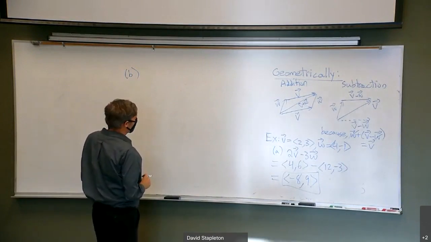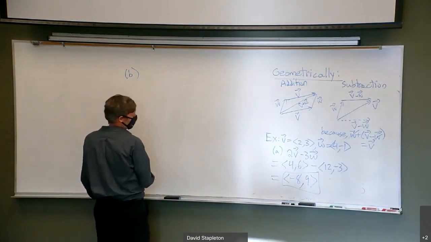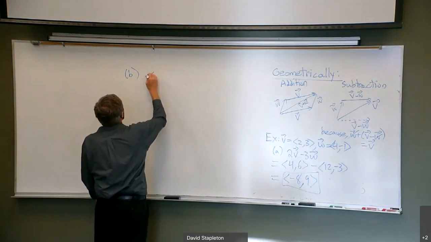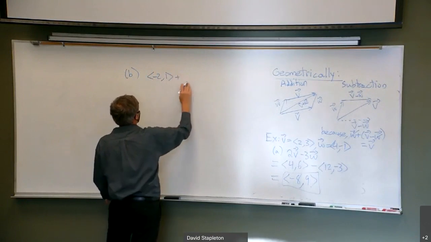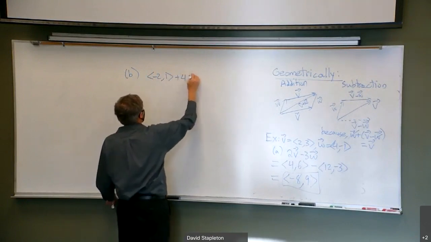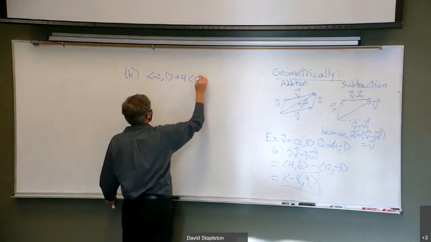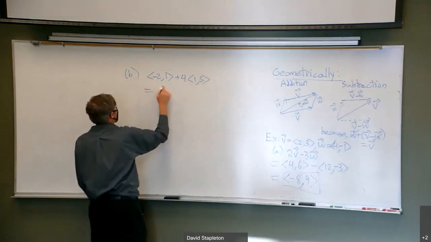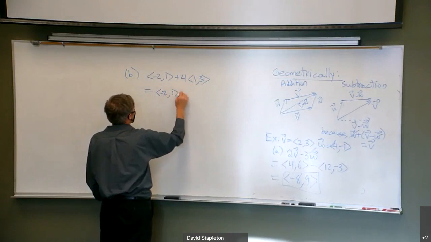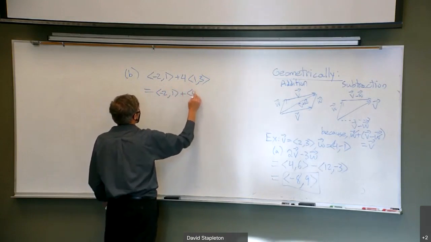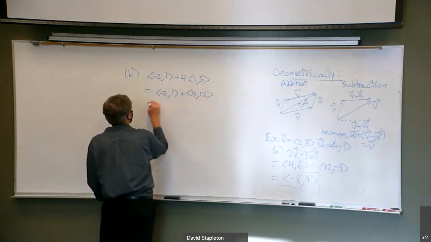Now suppose I take the vector minus 2, 1, and I add it to 4 times the vector 1, 3. Again, multiplication before addition. So I take minus 2, 1, the first one, and then 4, 12, multiplying each component by 4.